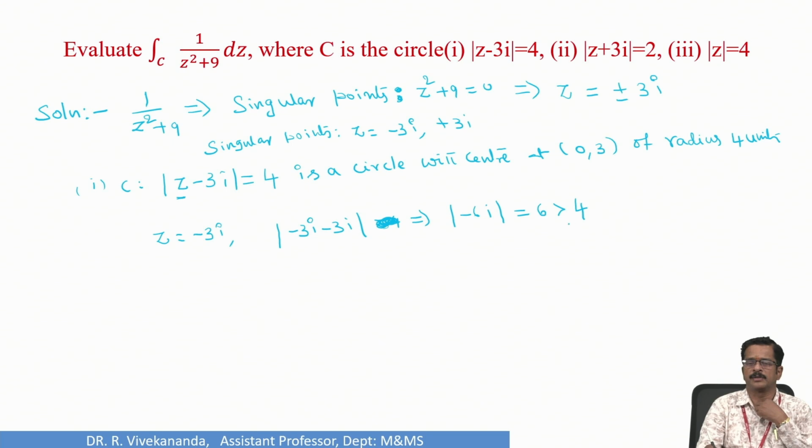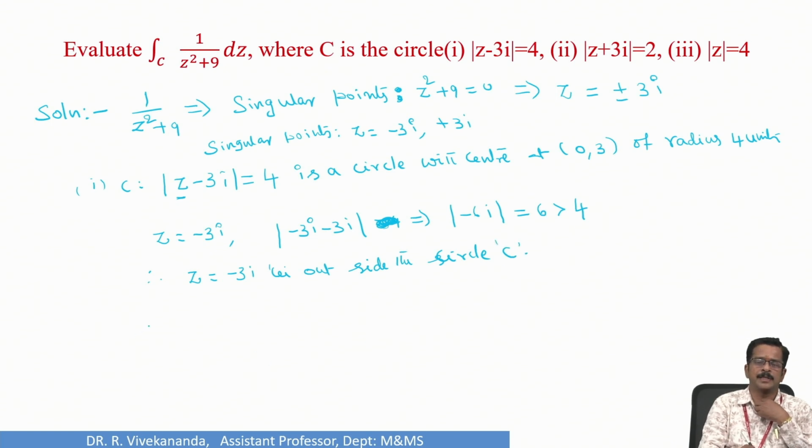What is the radius? 4, and 6 is greater than 4. So therefore z equals minus 3i lies outside the circle, outside C.